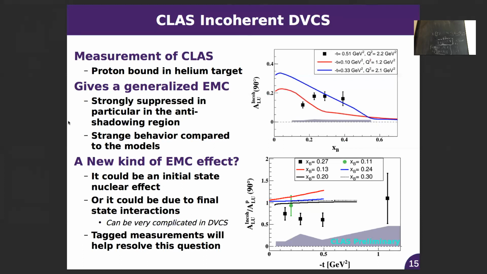But if you put together a program at GELAT12 that will go pretty high in X with a program at EIC that will go pretty low, I think at the end you will have a pretty good picture of E, if you can actually get a handle on all those caveats on how to extract E. If you put those two together, you will have very reasonable measurements between 10 to the minus 3 and 1.5 or something.